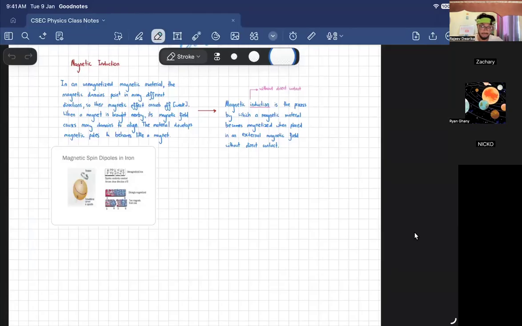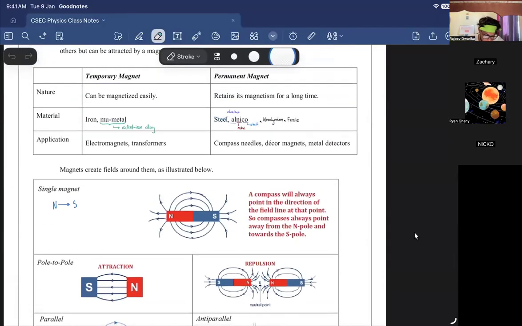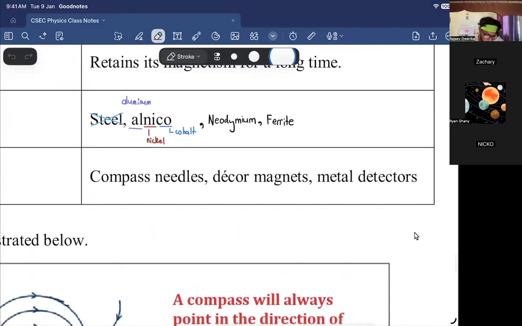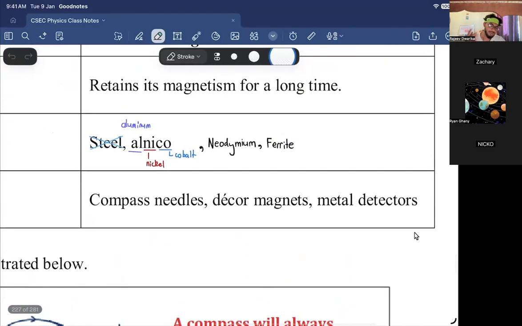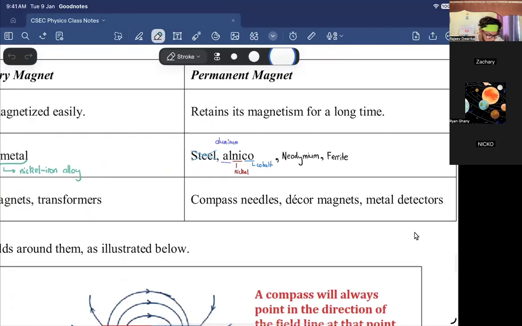What does Co stand for? Cobalt. Right? And what's the full thing? I think it's AlNiCo. So what is Al? Aluminum. Aluminum is fine. The steel we did cancel off, right? And then you have neodymium and ferrite. Neodymium and ferrite are the more typically used materials, right?